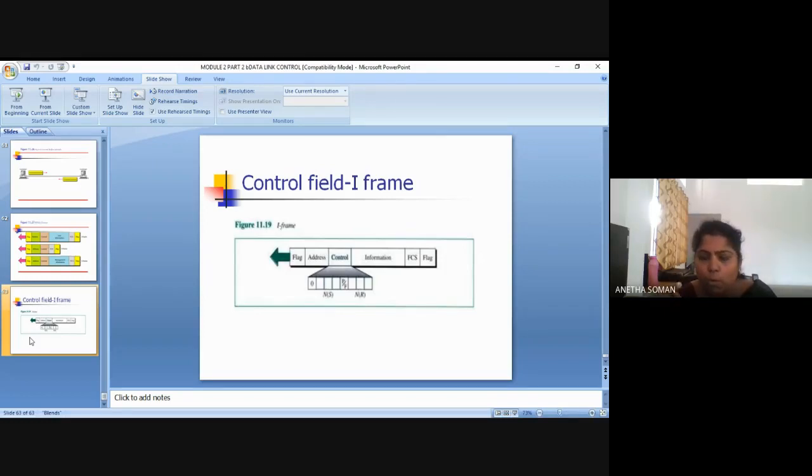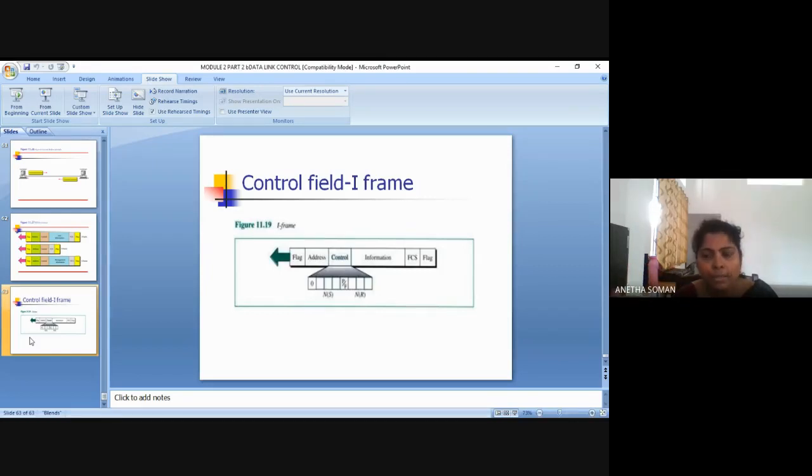If a frame is sent by the primary station to a secondary station, it is called poll. If the reverse happens, that is when a frame is sent by a secondary to a primary, it is called final. The value is always equal to 1, and it can denote a poll function or a final function. So poll means primary to secondary and F means secondary to primary.